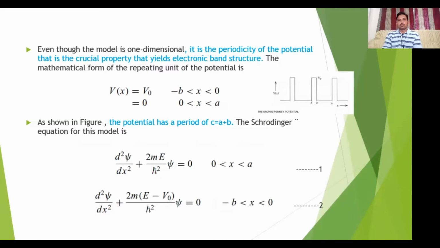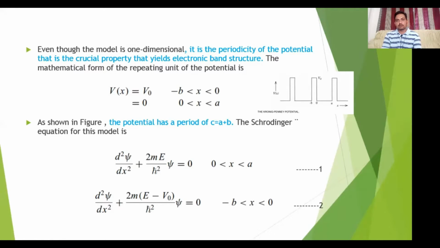So you have two regions, so you need two different Schrödinger equations to find the wave function in these two regions. For the first region, where the potential is V0, this is the case. Equation 2 is representing the region where the potential is V0. If you put V0 equal to 0, then you get equation number 1.